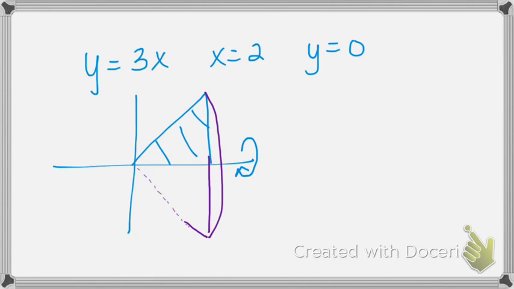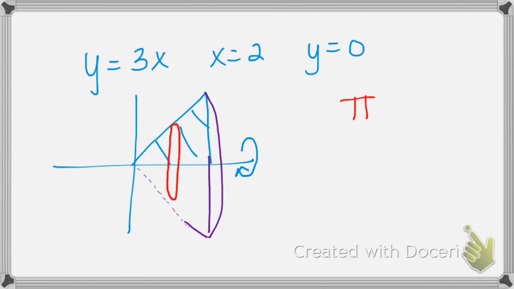Alright, what we're going to do is we're going to take a slice of the cone. So think about slicing the cone and looking at it. You would get this little red circle here. And what I'm going to do is I'm going to find the area of that circle. So first, let's find the area of that circle.